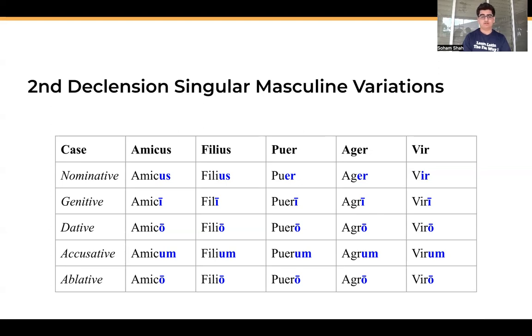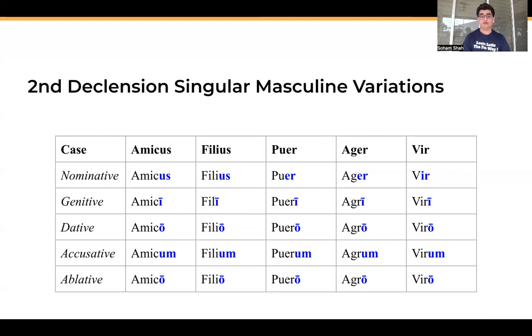We have the nominative to be filius, the genitive to be filii, then we have the dative to be filio, the accusative to be filium, and the ablative to be filio. Look at the macrons over here. We can see the genitive singular macronized, the dative singular macronized, and the ablative singular macronized. So understand, we see the same foundational form of us, i, o, um, o.